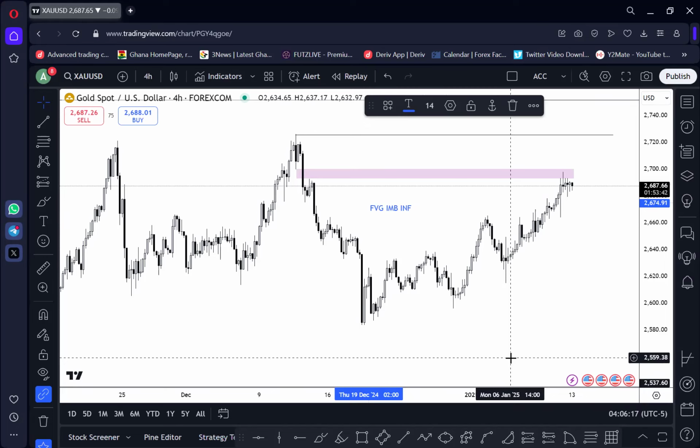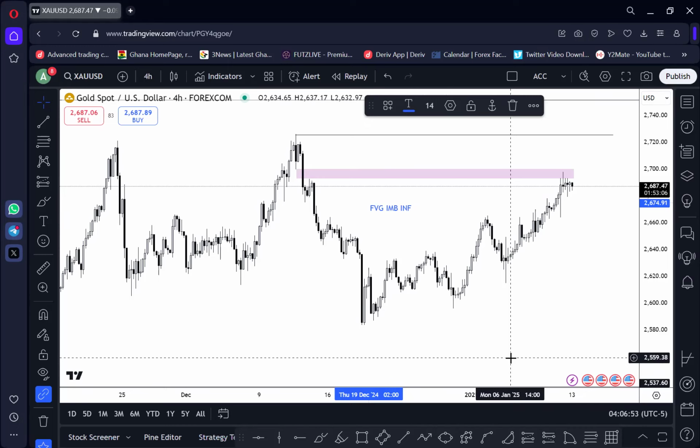As I've always said in previous lessons, the Forex market is a market that always looks for what we call inefficiencies, levels or areas where there are orders left which it can go and fill.